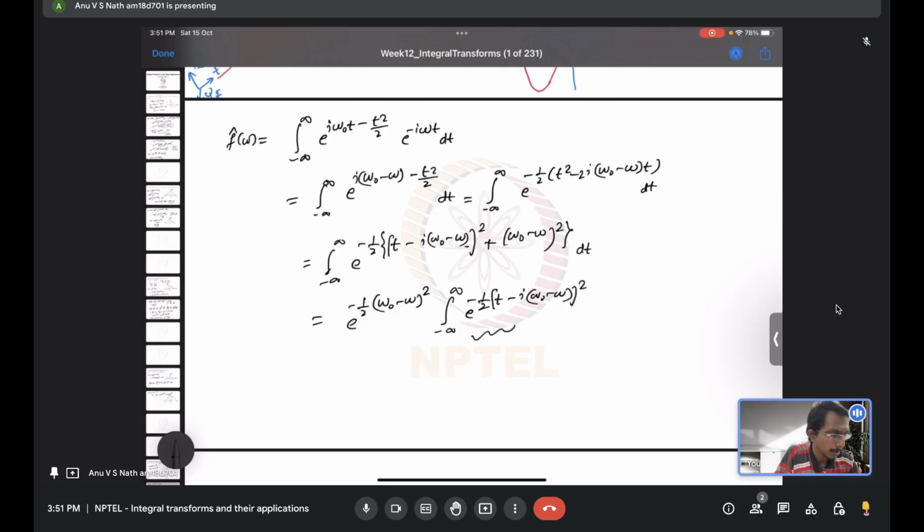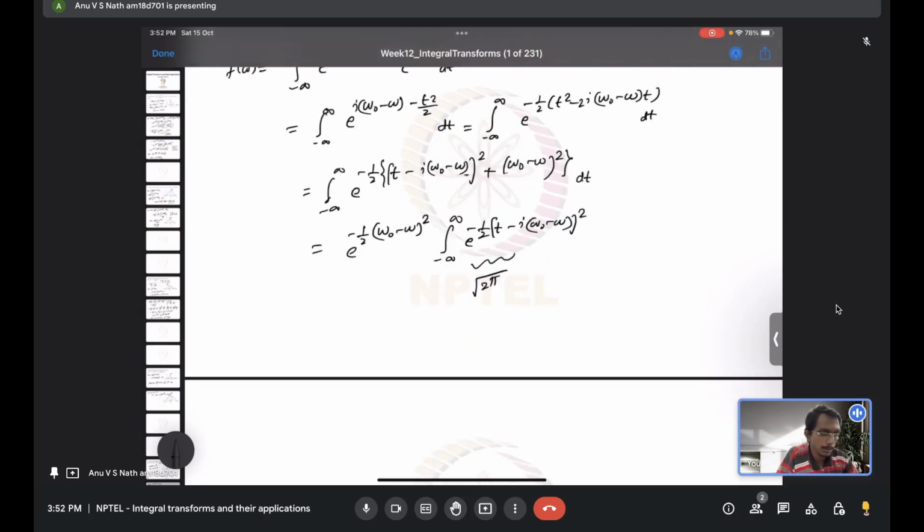This is a Gaussian integral, so basically the answer is root of 2 pi, because the factor a is 1 by 2. So we get the answer: square root of 2 pi times exponential of minus half omega 0 minus omega the whole square.